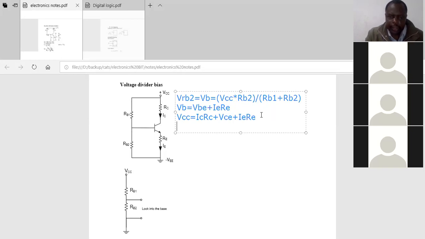So the question is, you are given RB2 is equal to RB1. This is another exercise that I'm doing. Is equal to 5K. Then RC is equal to 2 kilo ohms.